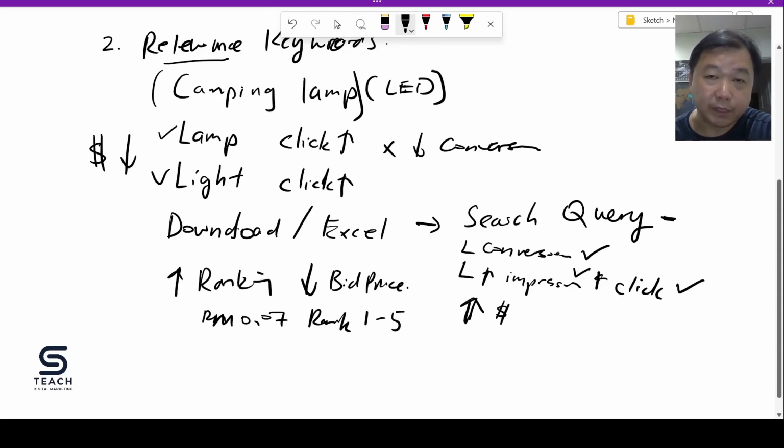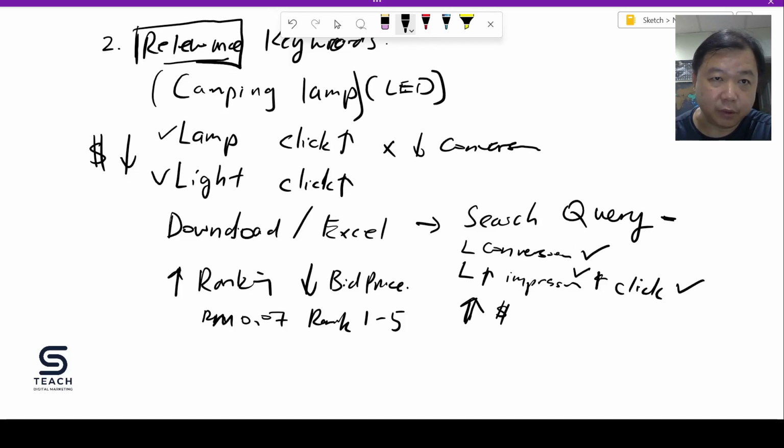This does happen, because why? The relevance is very high. Okay, how do you increase the relevance? Any keywords that you put in your keyword list, people click, people add to cart, people purchase. This series of activity will tell Shopee that that keyword is relevant to your product.